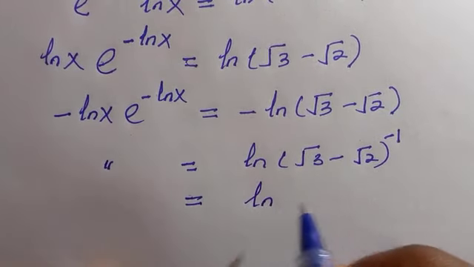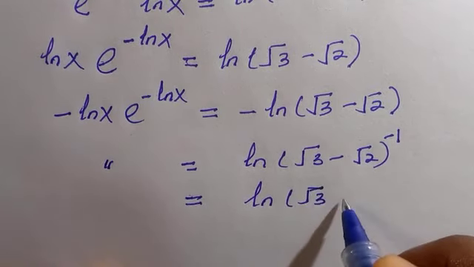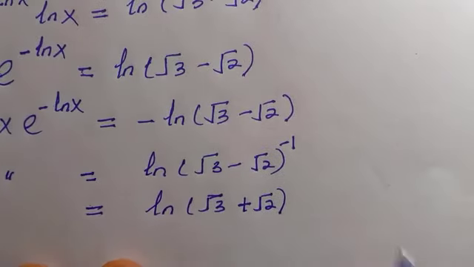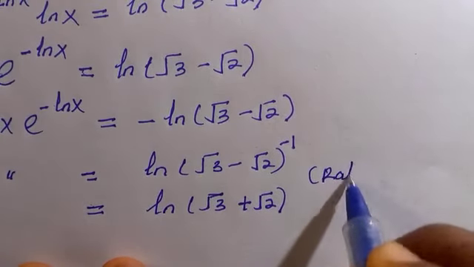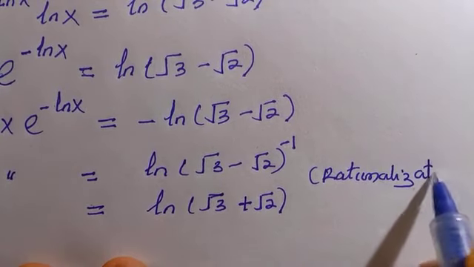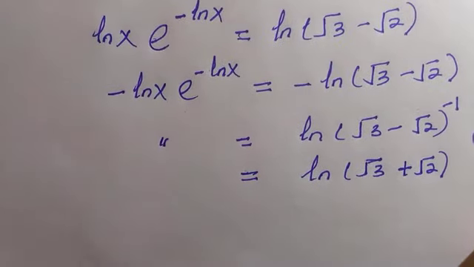So the entire thing becomes ln of root 3 plus root 2. What I did here is, you can just pause this video and try to rationalize it. If you rationalize, we are going to get root 3 plus root 2. I don't want to show it, but that's what I applied there.